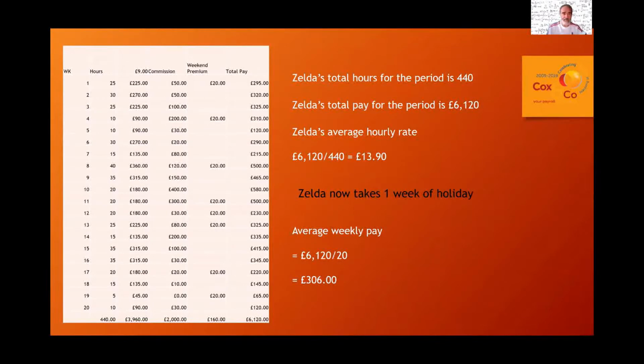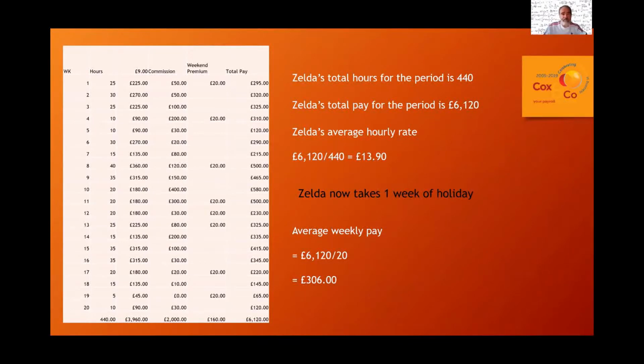Commission, no doubt about that one anymore. And a weekend premium, I don't think there's any doubt about that either. So we're going to include everything she's paid. She was paid 6,120 for the 20 weeks that she was working. That gives her an average weekly pay of £306, and that is what we would expect to see her paid for a week's holiday, £306.